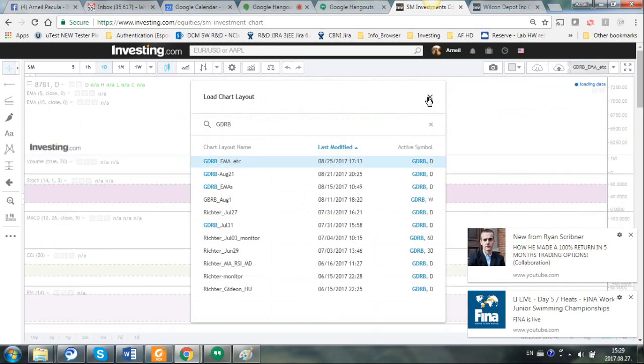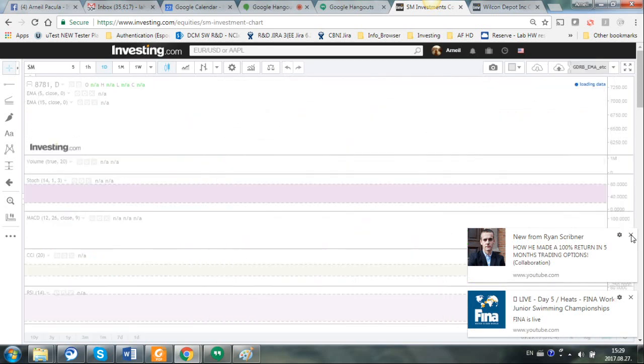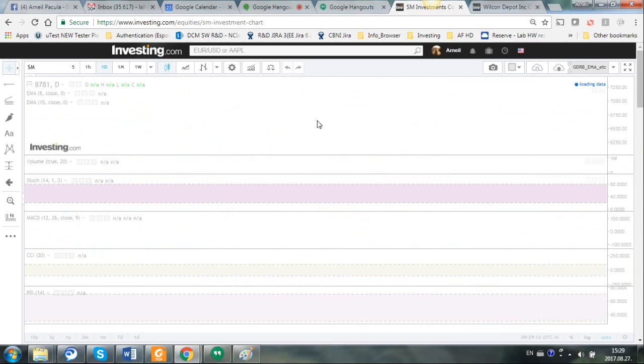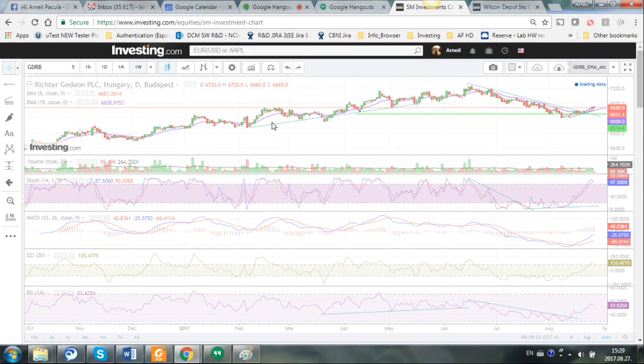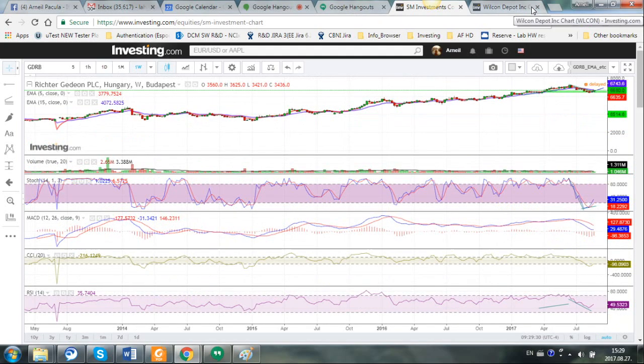Nagkamali ako. Richter Gideon. Yung mali ko is hindi ko nabenta ng tamang oras. Nagantay pa ako na bumaba ng bumaba masyado. Pakita ko sa'yo. Medyo bumabagal yung PC ko.